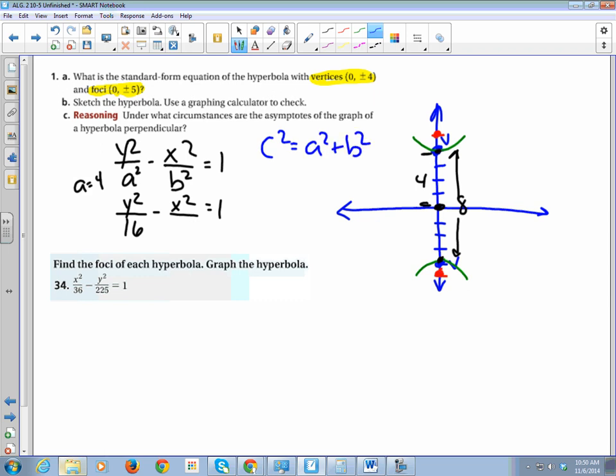If we know that c is 5, we can go 5 squared is equal to a squared plus b squared. So we know that b squared is equal to 9. So that's the standard form of the hyperbola.